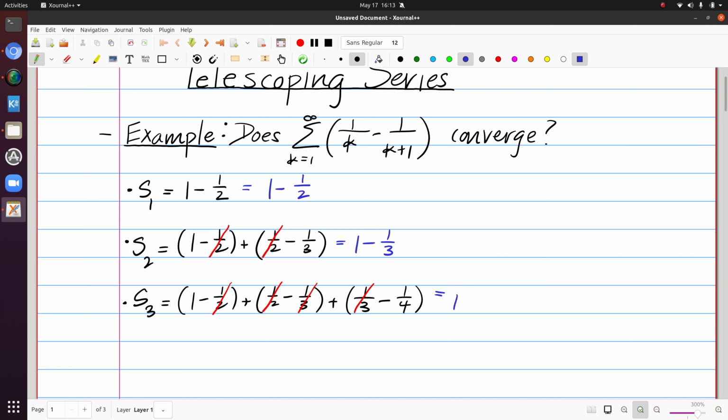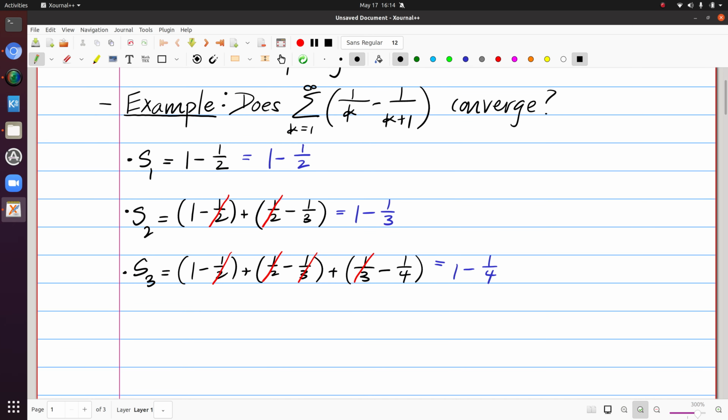By writing out this pattern, my goal is to find the nth partial sum. Notice that I can look at the dependence between the subscript and what's being subtracted. Certainly the 1 is going to be there. That won't be canceled.